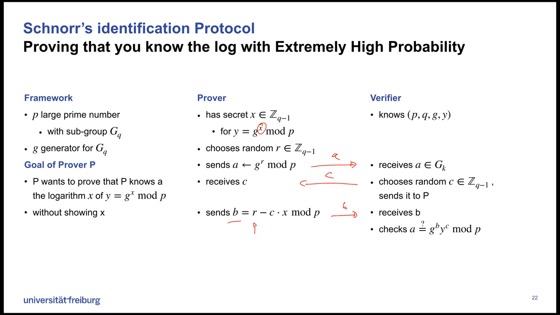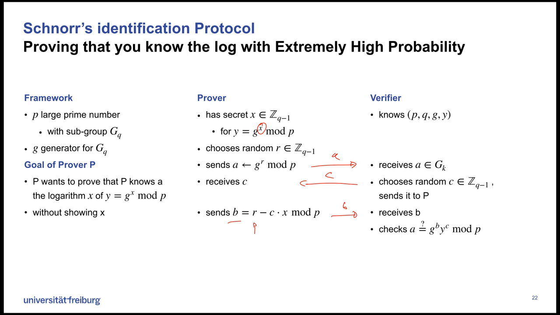So you can reconstruct that. You can make this protocol backwards, because you know B, and then you can construct A in such a way that it always fits.